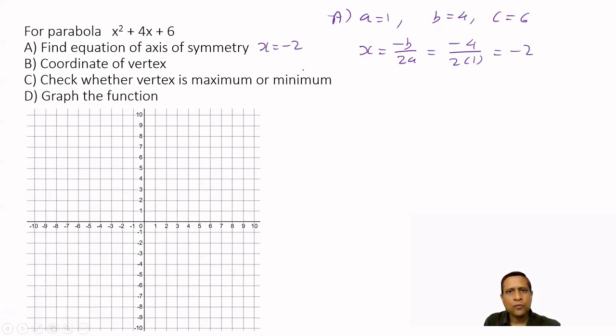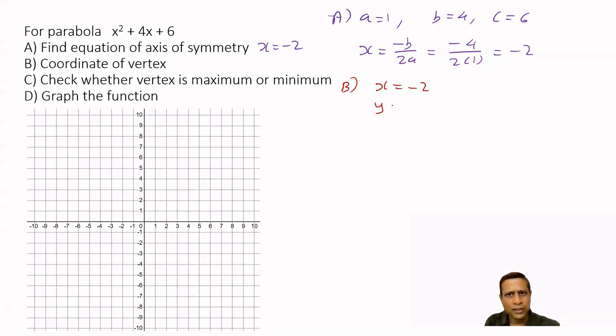Now, the coordinate of the vertex. See, how do you find the vertex coordinate? The x coordinate of the vertex is negative 2 only. Remember, that is from the axis of symmetry only.